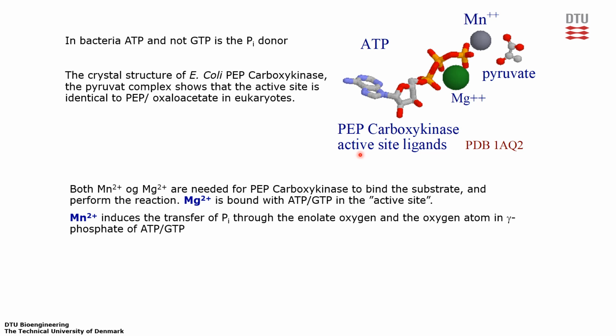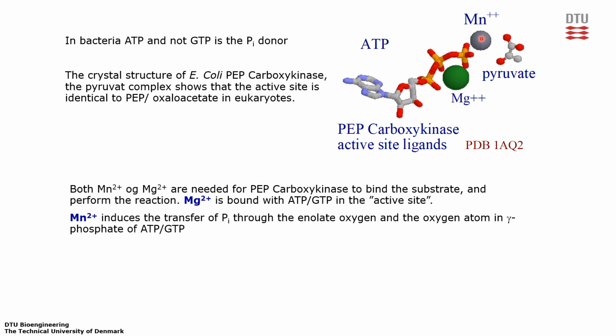This can also be observed here on the crystal structure of the phosphoenolpyruvate carboxykinase, where you have the ATP sitting here, and the magnesium and manganese ion sitting here, and the pyruvate sitting in a bit different position down here. Magnesium and manganese can be substituted with each other, but this is the preferred solution.